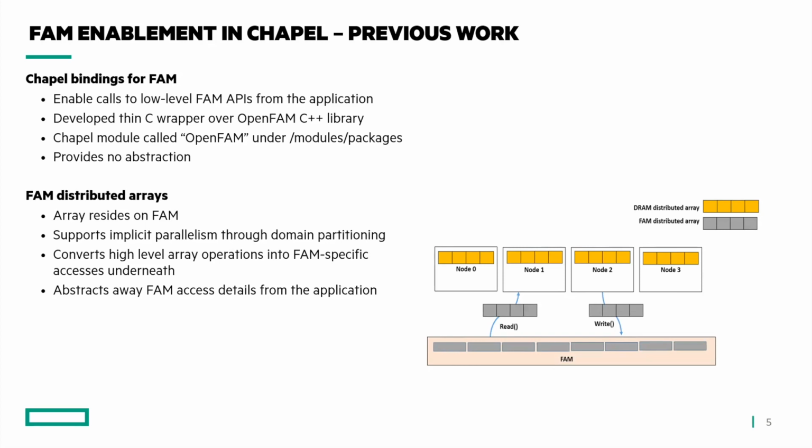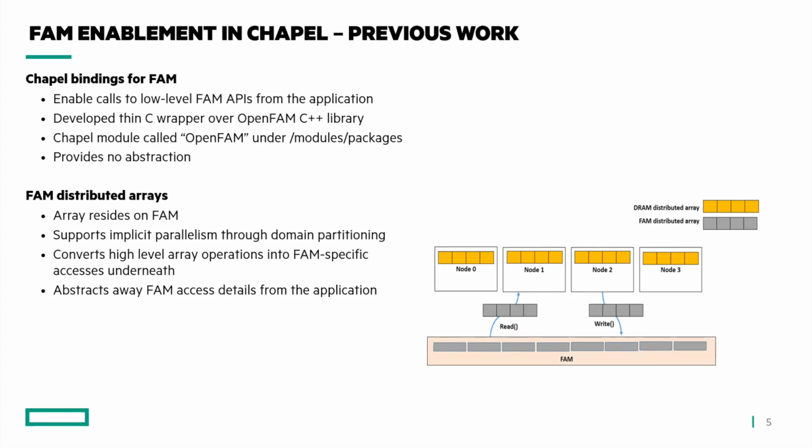Like other array distributions, FAM distribution also provides implicit parallelism through domain partitioning. Which means array operations are internally divided into multiple parallel tasks and are executed on the respective compute nodes based on the domain or the index ownership.